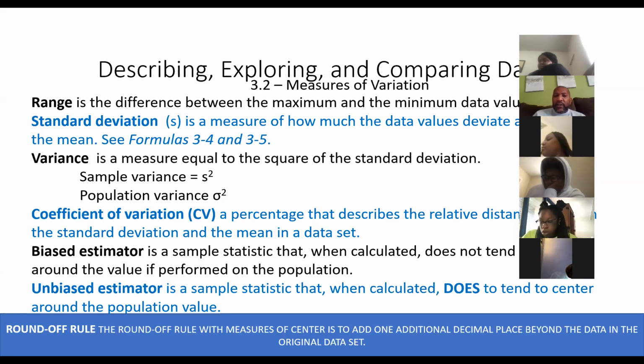tend to center around the value of the population, which means this. Now imagine we're talking about the mean. The population mean is 2.4. I wish I could just hold up the number 2.4. But when we calculate the mean on 3 random people, it's going to be somewhere around this 2.4, right?